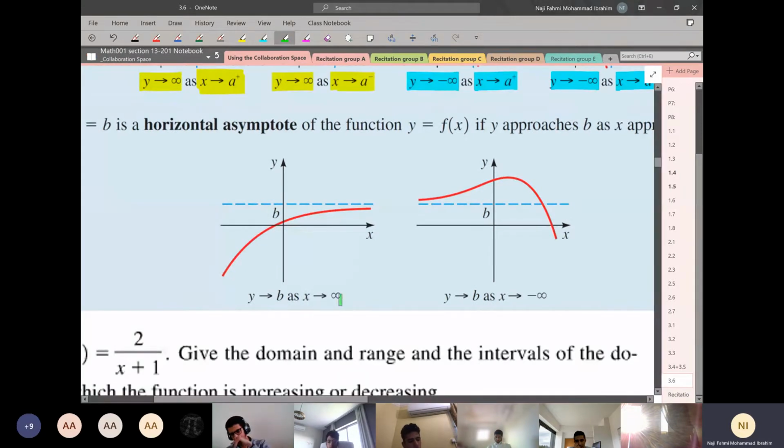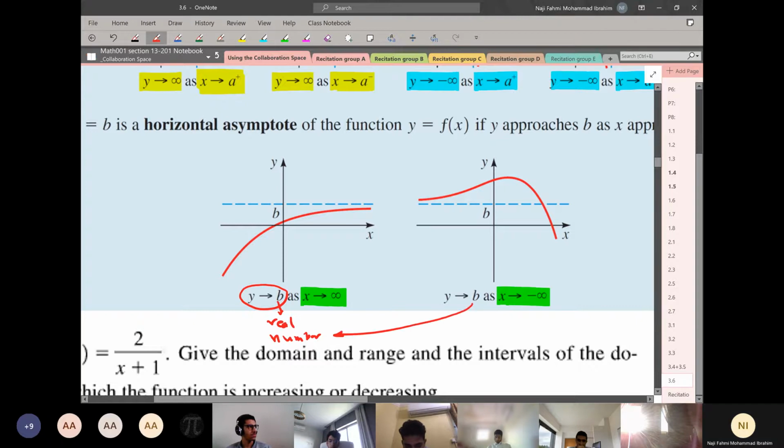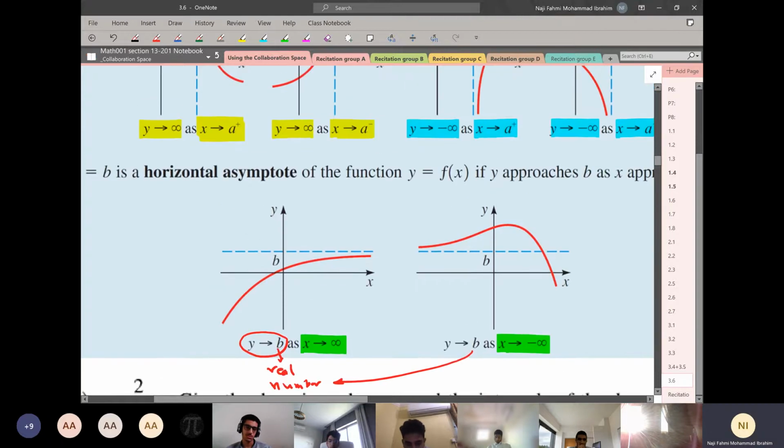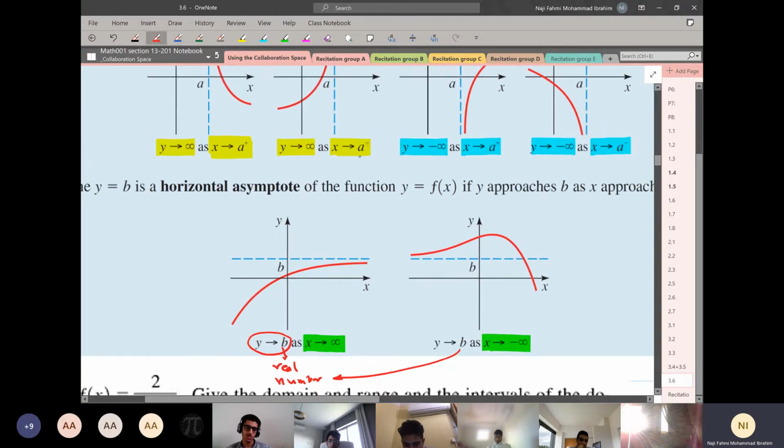As x approaches infinity now, not a number, or negative infinity, the value of y is approaching a real number. So as you can see in the vertical, x is approaching a real number, then the value of y is approaching infinity. But in the horizontal, y is approaching a real number as x approaches infinity.